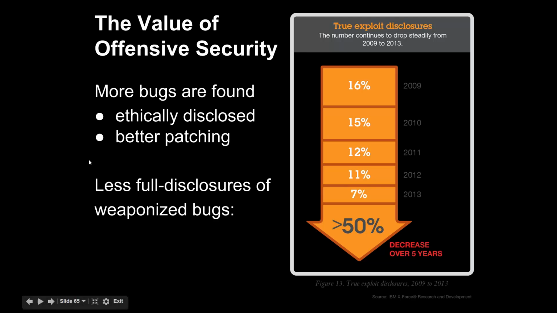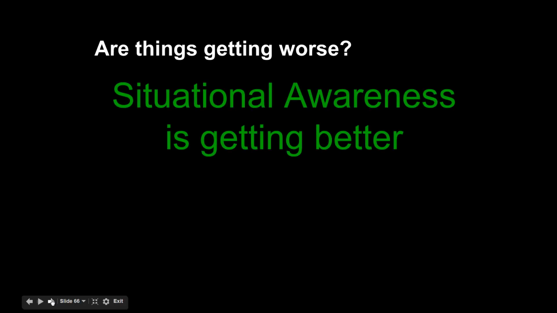And people, at least the researchers, aren't going about disclosing fully weaponized bugs, at least as much as they did back then. In my opinion, things are getting better because situational awareness is getting better. It was a problem prior to our current situational awareness that we simply just did not have the perspective or awareness of.